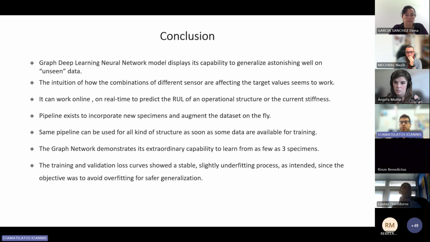Also, the intuition behind it is that we need to decouple the load, and by introducing the new health indicator, the slope difference of the strains, it tends to be a very good approach. And of course, this pipeline can be implemented online in real time to infer.